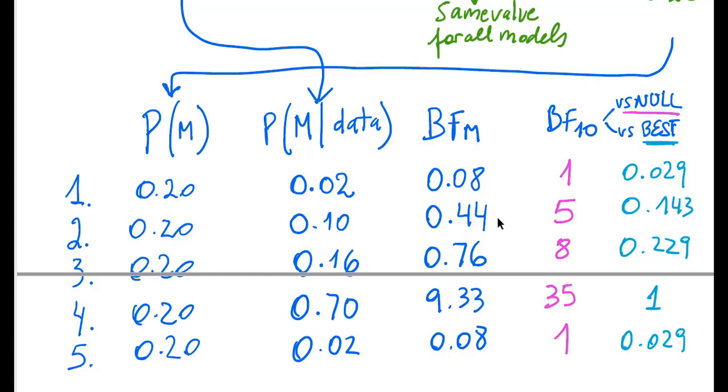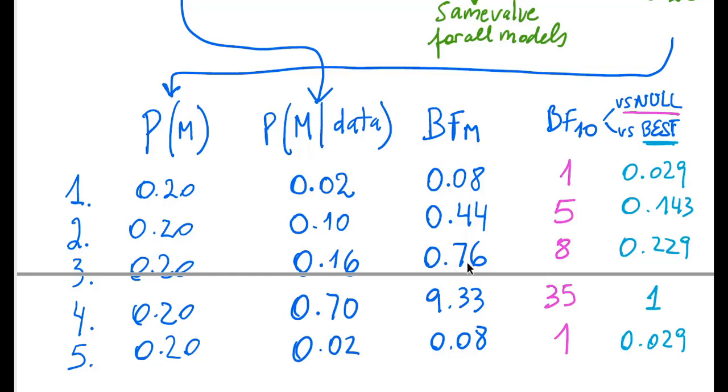Went down again. So if the value is 1, it means that the posterior odds are the same as the prior odds. If it is less than 1, it means that the posterior odds are lower than the prior odds. And if it's higher than 1, it means that the posterior odds are higher than the prior odds.